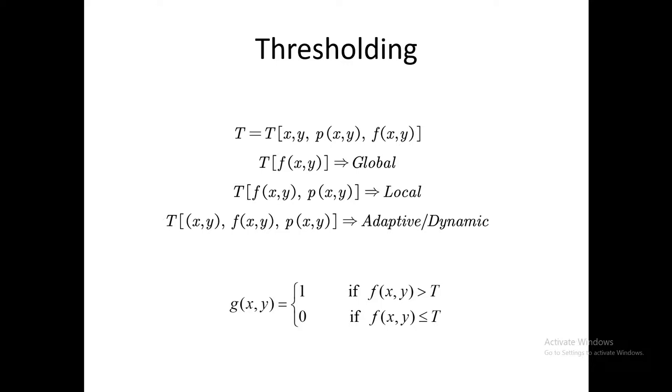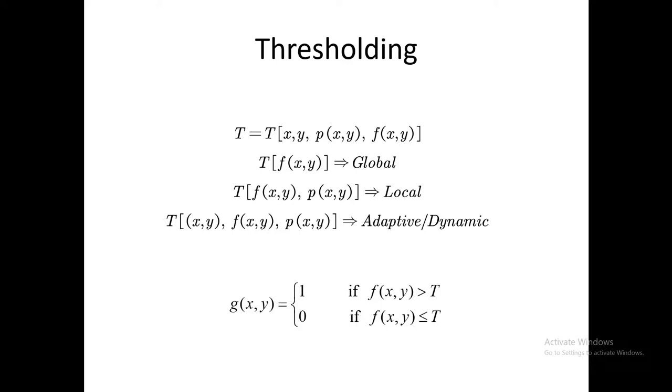or adaptive thresholding. When T is a function of only f(x,y), we say that this threshold is a global threshold. Whereas if T is a function of f(x,y) and the local property p(x,y), then we say that the threshold T is a local threshold.